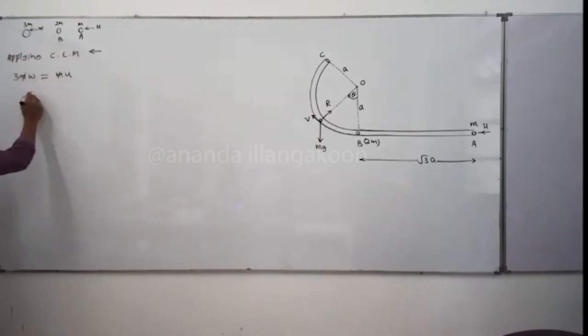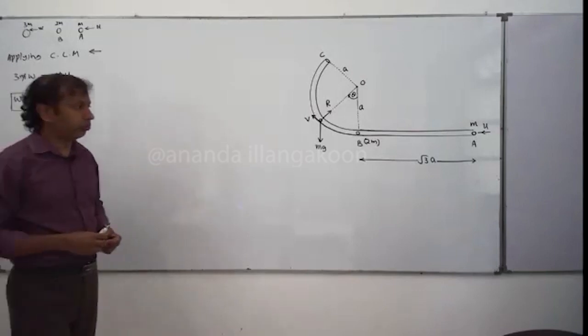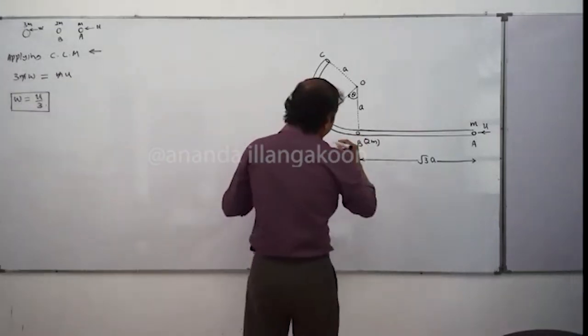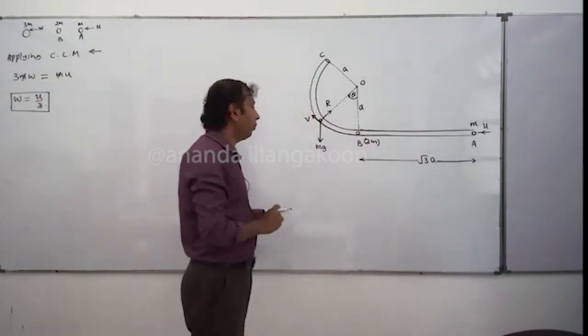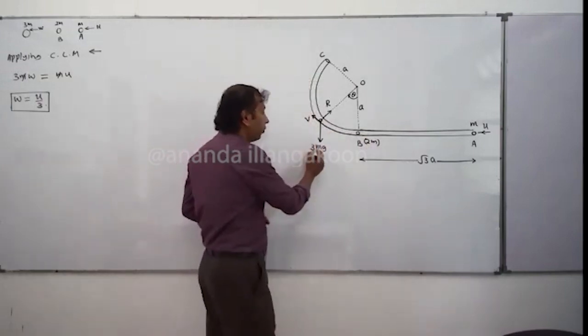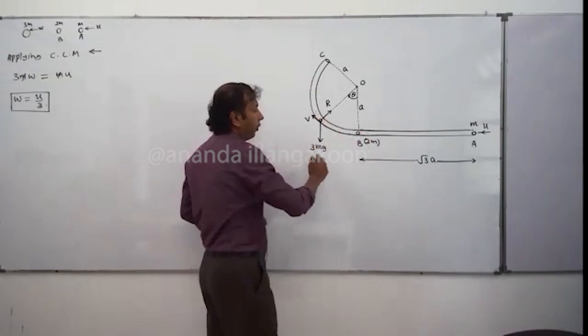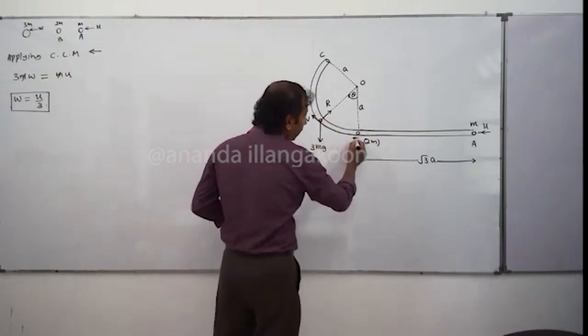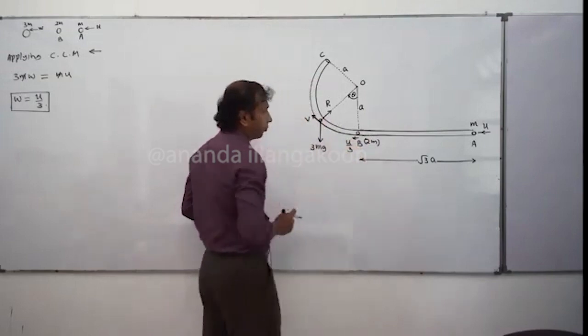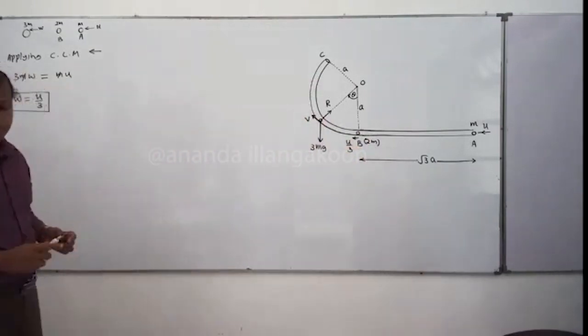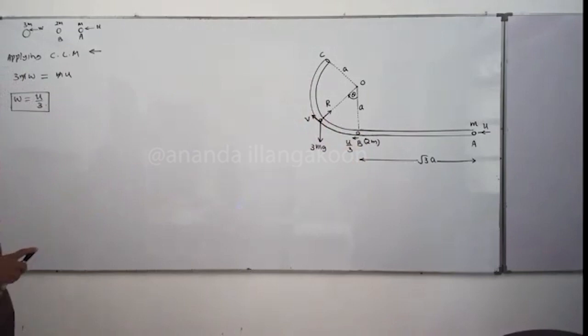If you simplify, then w is u by 3. So this is the velocity with which the combined particle begins to move, u by 3. The combined particle begins to move from the point B with velocity u by 3.